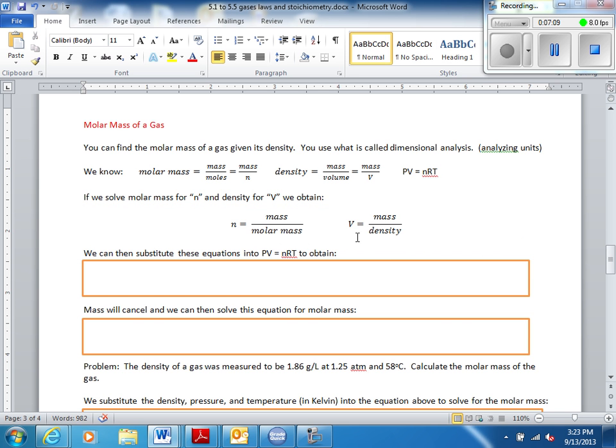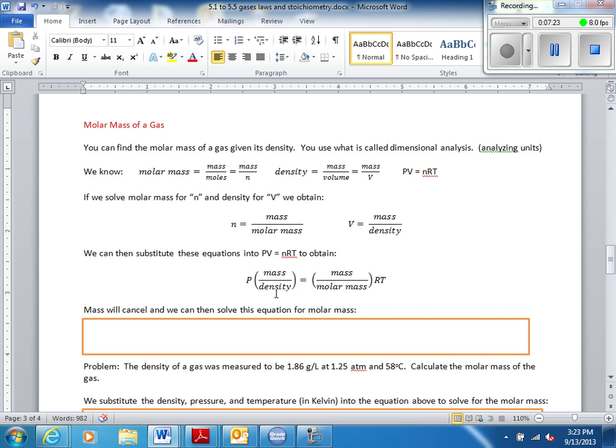So we isolate n and V. Now we're going to substitute this n here into n, and this V here into the V. You could write that down yourself, or you could just copy it right now. So notice I put the mass over molar mass in place of n, because here's our n right here, nRT, and V is mass over density, so I plugged that in right there.